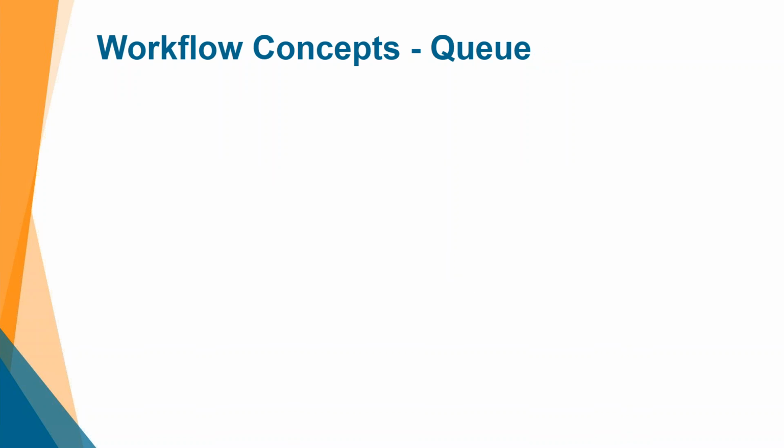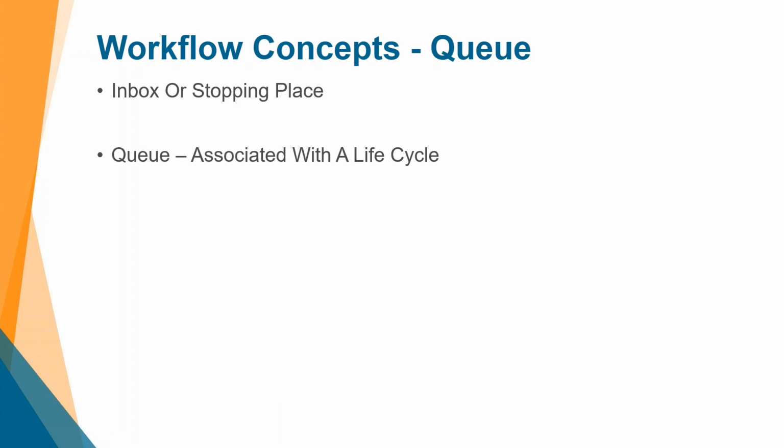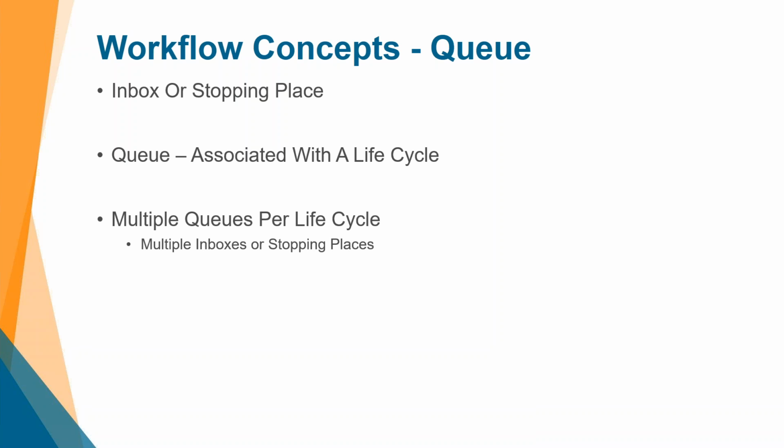Inside of a life cycle, we have queues, and these, all things said and done, are different stopping places, stopping points or inboxes within the process where something happens. Okay, every queue that you configure is going to be associated with a unique life cycle. So again, I have multiple different stopping points within this process, within that life cycle.